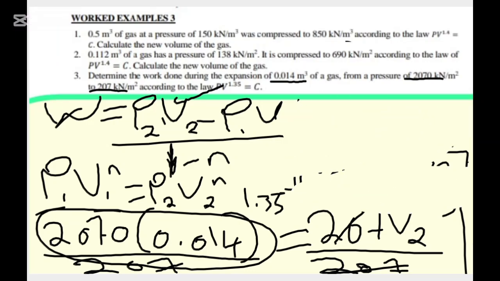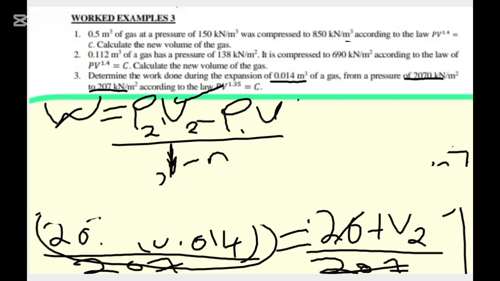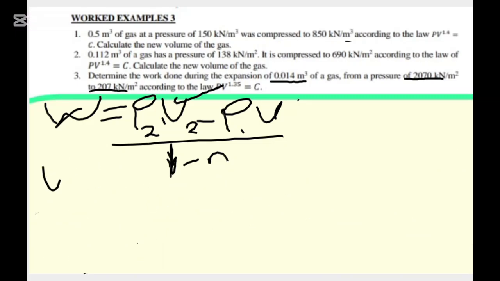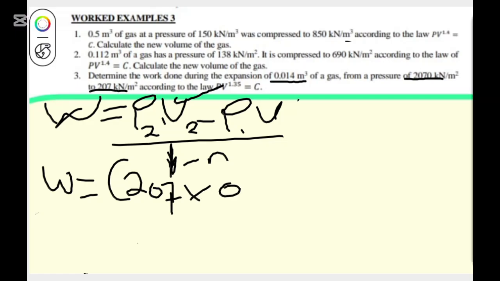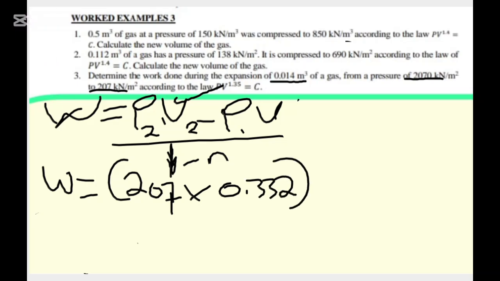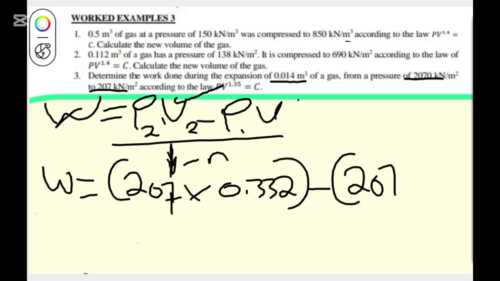I hope you know how to find the value of this V2, guys. So the work done should now be equal to 207, which is P2, multiplied by 0.332 as the V2 that we found, minus 2070 multiplied by 0.014.